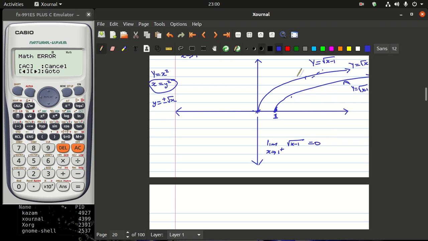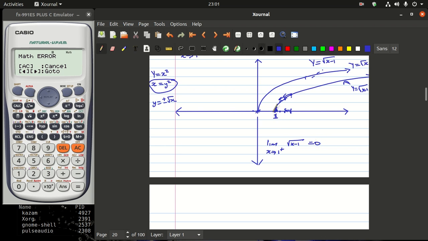Or alternatively, you can look into this. If I pick a point here, the output will be there. Now as I pick another point getting closer to 1 but still on the right, the function is going there, so it's approaching that point. And then I pick another point, the output will be there, so the function is going that way. So as I keep getting closer and closer to 1, the function is getting closer and closer to 0. So that is why the limit is like that.